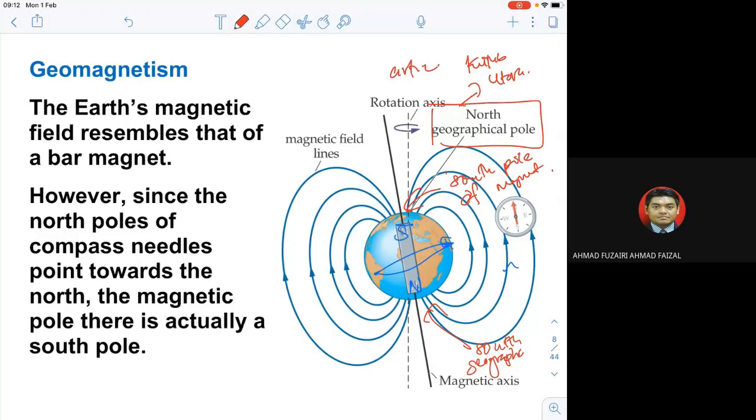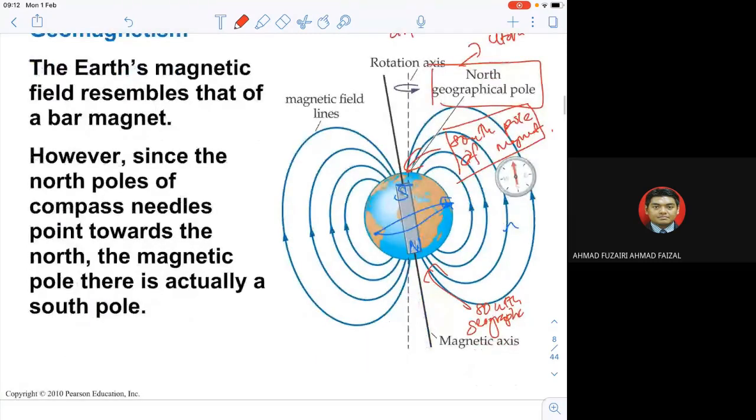Remember two terms: north geographic, south pole of a magnet. But in the Antarctica, we have a south geographic pole because its location is at the south, but in terms of magnetic, it should be the north magnetic pole. That is what we call geomagnetism. So that is quite different between the south pole of the magnet and the north pole of the geographic.